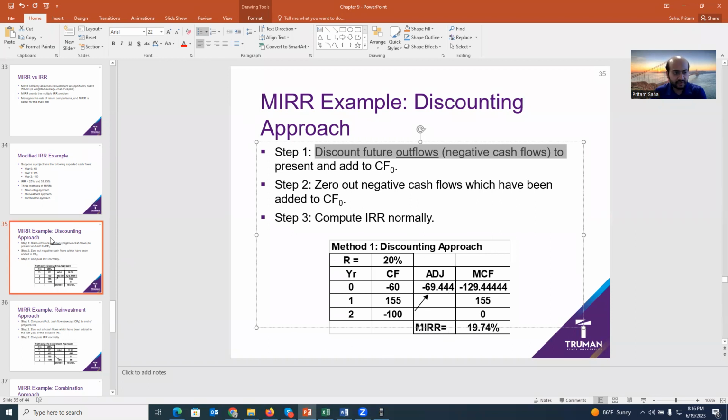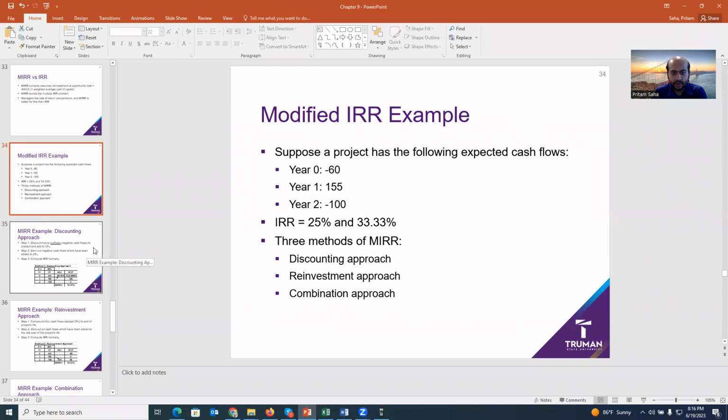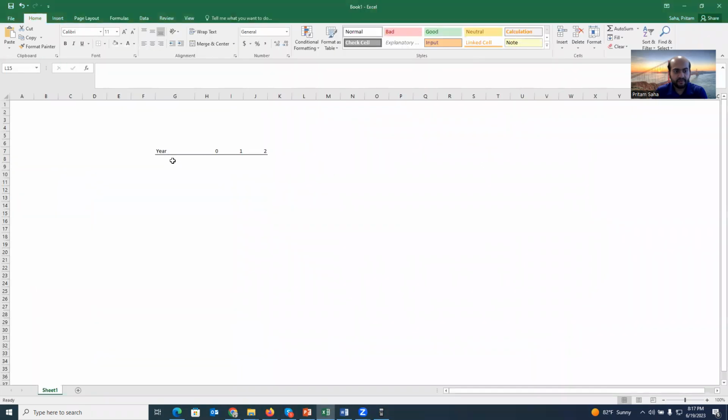So let's do it this way. Let's copy the cash flows from here: minus 60, 155, minus 100. If you look at the initial cash flows, the sign changes more than once.